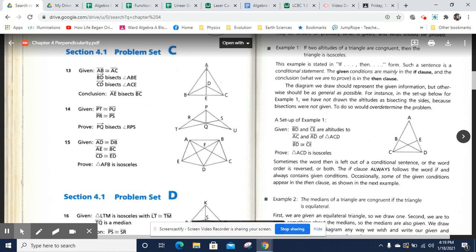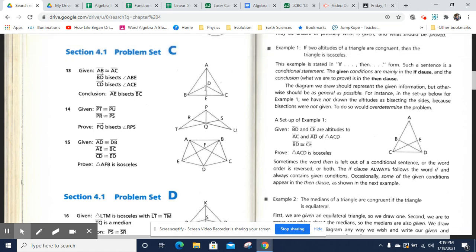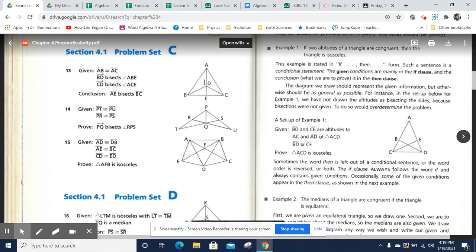Then we can use these congruent triangles to prove that angle EDB and EDC are congruent, because those angles are supplementary to these congruent angles and therefore also congruent. So we will be able to prove that these angles are congruent.